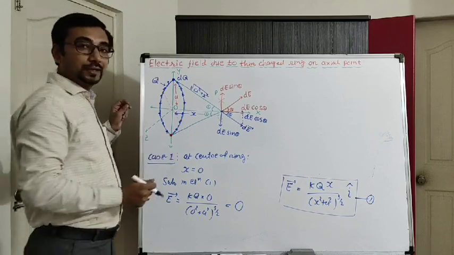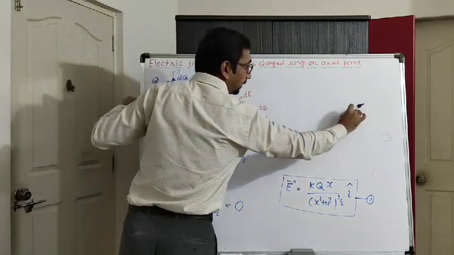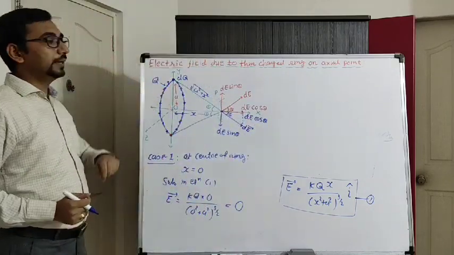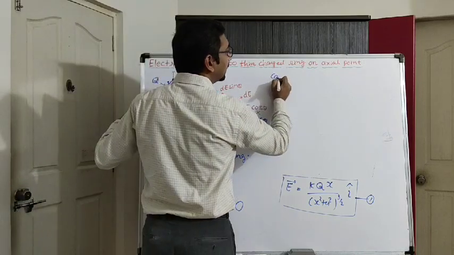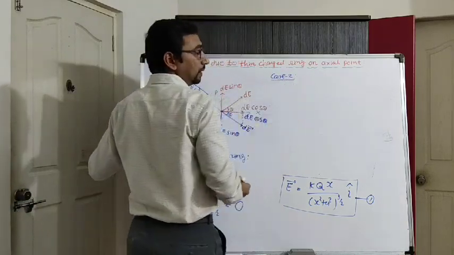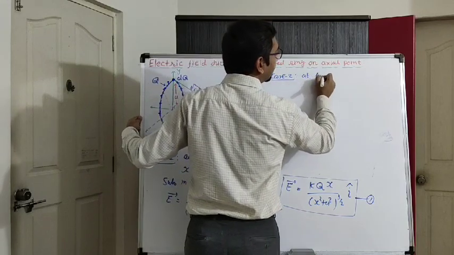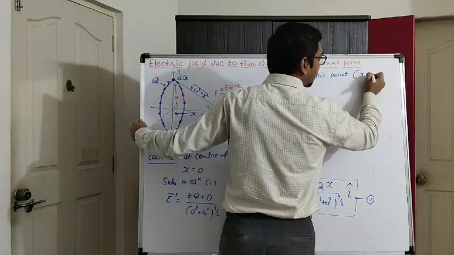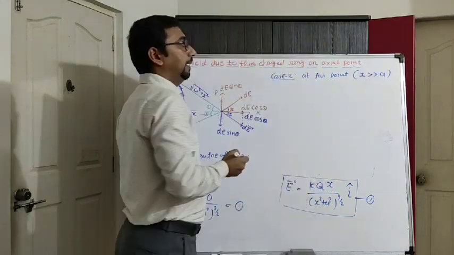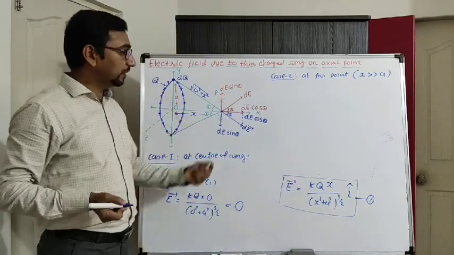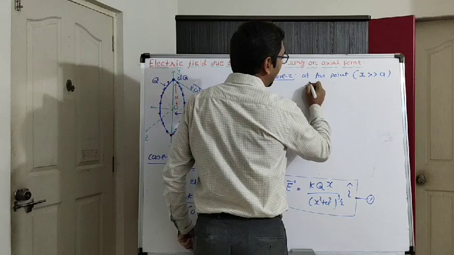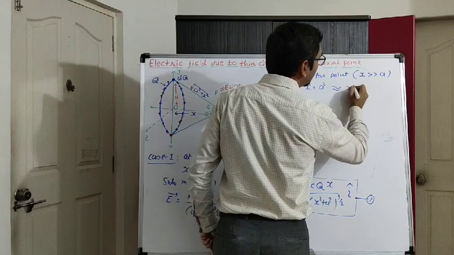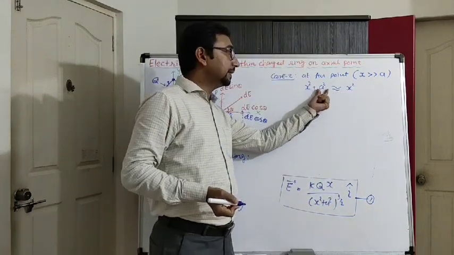Now we want to find out electric field at a far away point. That means this x is very large compared to radius a. So we are taking the second case, at far point. That means here x is very large compared to a. So when x is very large compared to a, then x square plus a square will be nearly equal to x square only, because a is negligible.